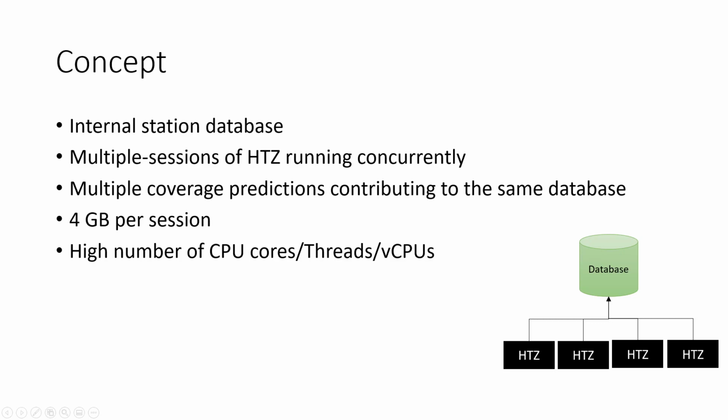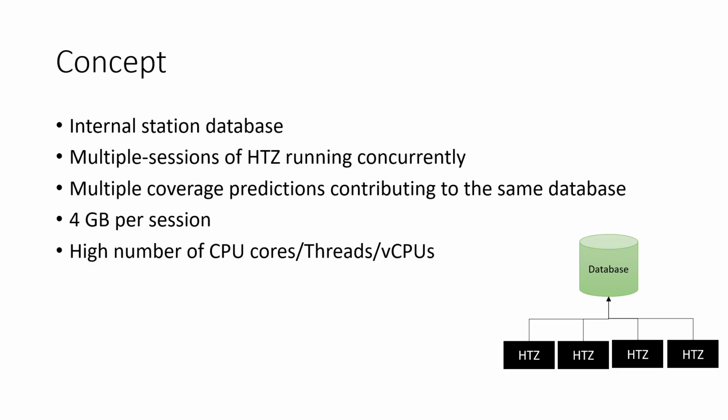You must use this database as your repository for your network parameters and your coverage predictions and so on. Most people are using EWFX, some people use SQL, for example. EWFX is our native file format that we use as a database, but you must push this information into an internal station database to make use of this feature.